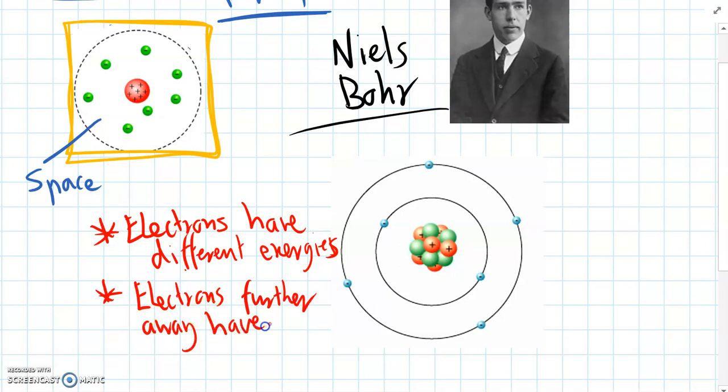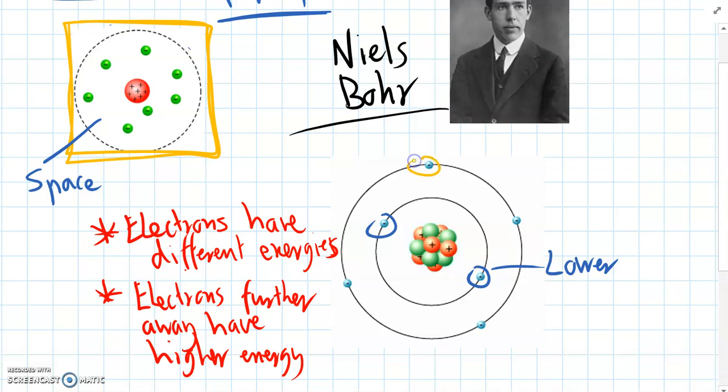So electrons further away have higher energy. So looking at this model of an atom here, we can see that the two electrons close to the nucleus have a lower energy compared to these ones on the outside, which have a higher energy.